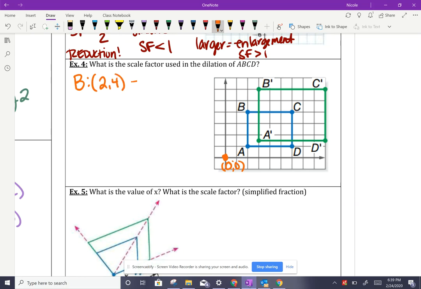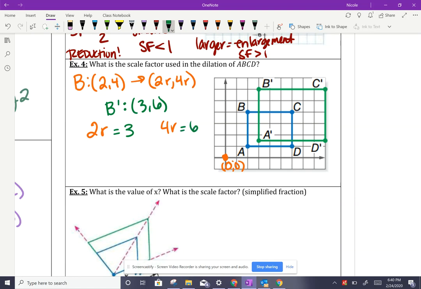And so there's going to be some sort of 2 times R and 4 times R. That's going to result in B prime, which is at 3, 6. So you can set this up as an equation if you'd like and do 2R equals 3 or 4R equals 6.